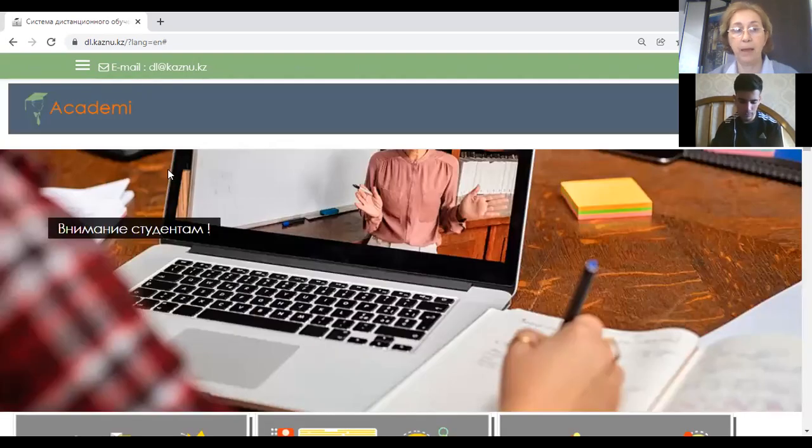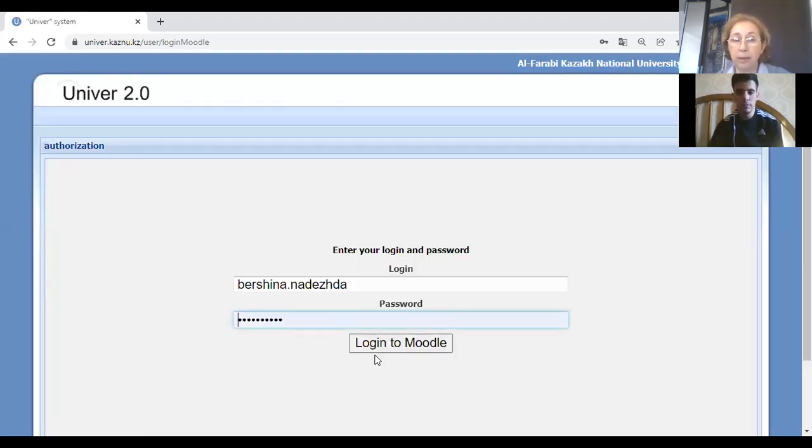Anyway, you should click on the upper right corner, enter the system, вход в систему, do you see? And when you click, you write your login.